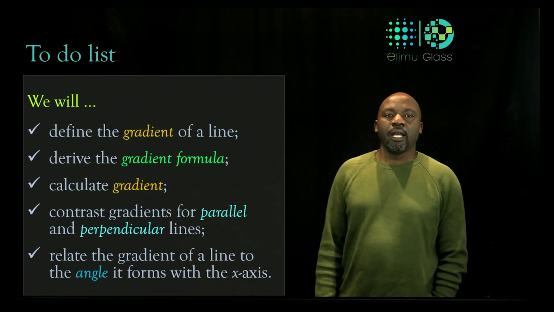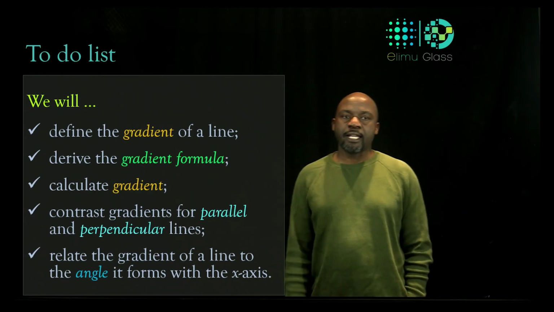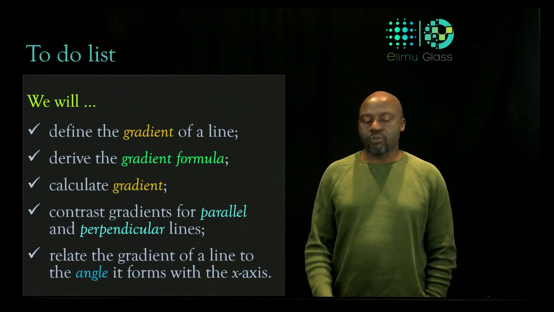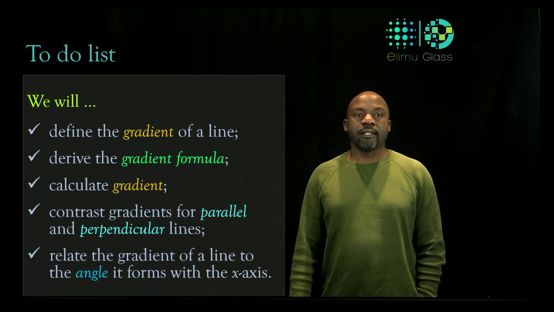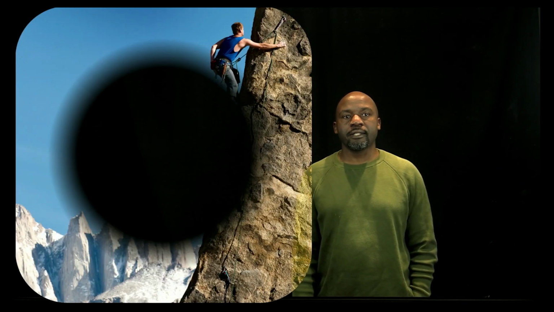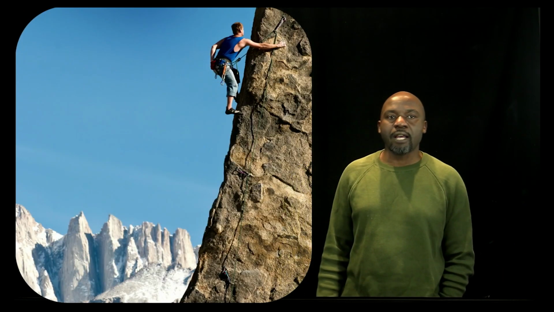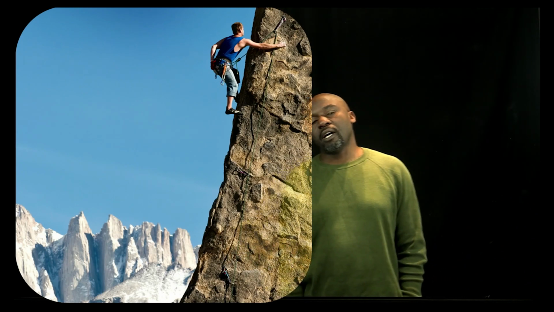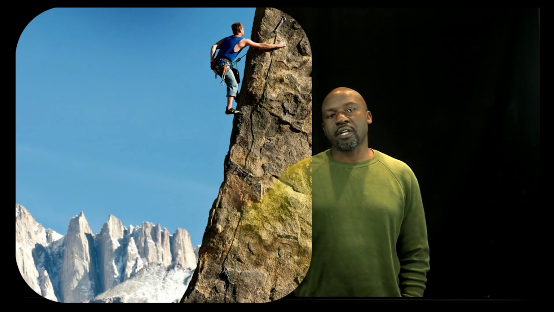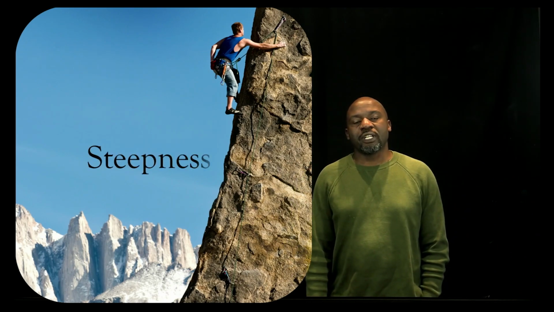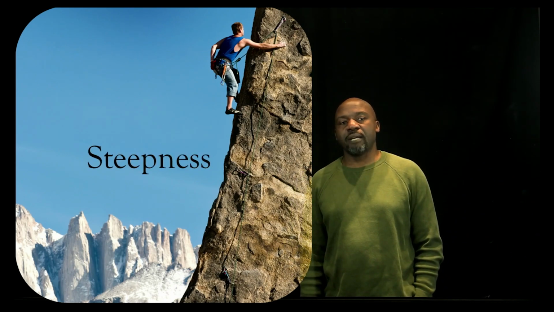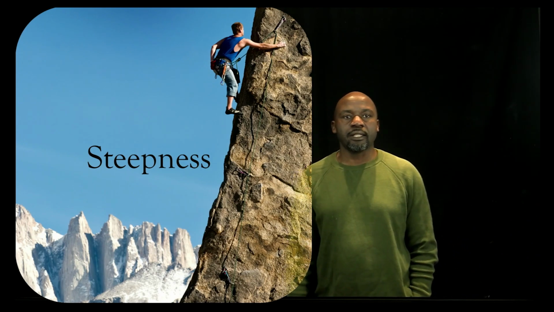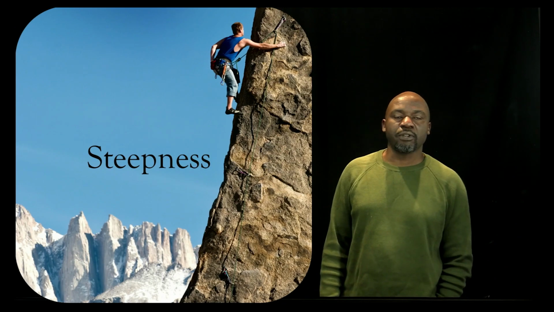Let's try to understand what we mean by the gradient of a line. Normally, when somebody mentions gradient, the first thing that comes to my mind are hills and mountains, and how people climb them, in particular how steep a mountain can be, as you can see there. So the term steepness comes to mind anytime somebody mentions gradient. The steepness of the side of a hill, or the surface of a rock, as you can see there.